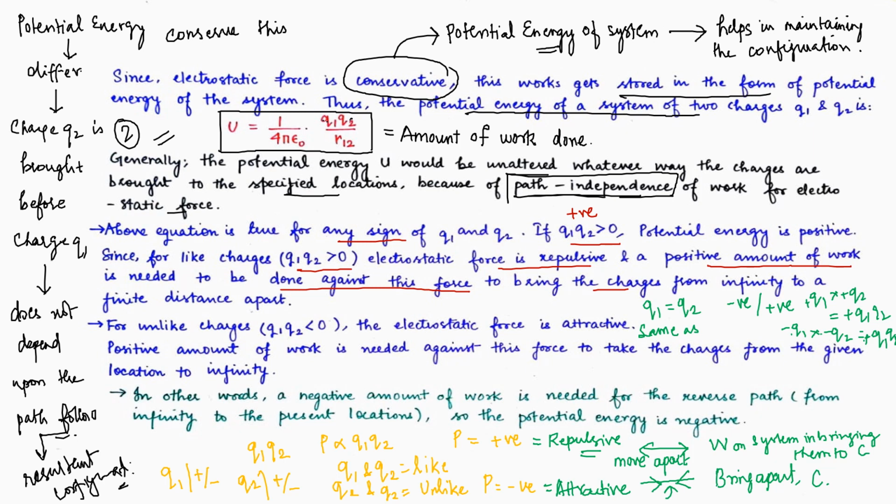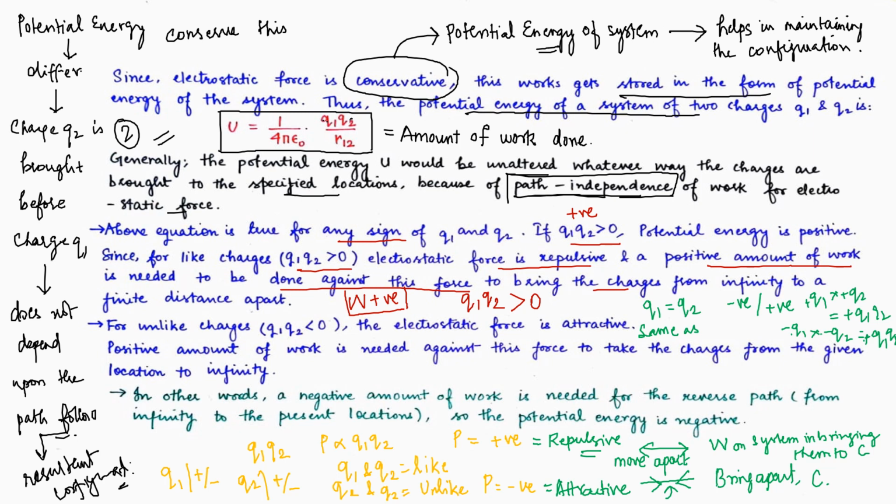This is very much important. When potential is positive, work done is positive. And this happens when the product of Q1, Q2 is greater than 0.